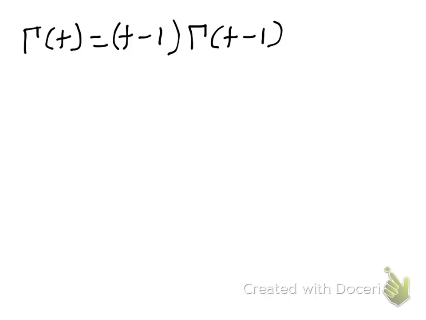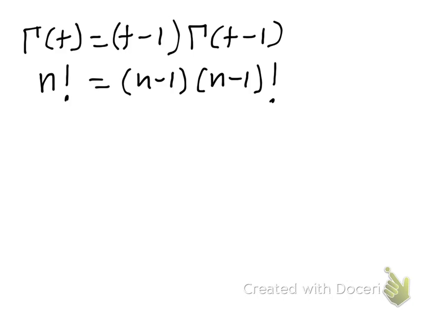Because here's our recursion relationship for the gamma function. We know for factorials we have this definition. Wow. So there's the beauty and magic of the gamma function. It's actually a generalization of the factorial.